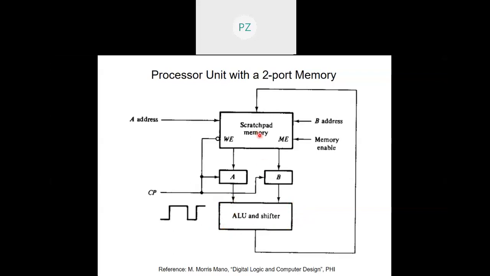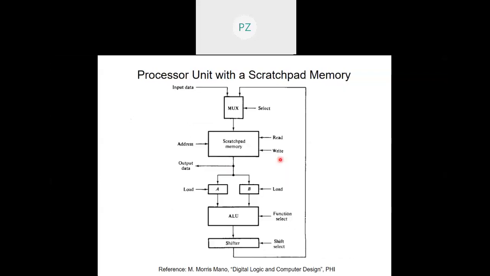Now, 2-port memory, the data is available on 2 of its ports, right? So, in the previous case, suppose I want to store operand A, then I'll have to do it in 2 different clock cycles. First, I'll have to load operand A, and then I'll have to load operand B, because this is a single port scratch pad memory.